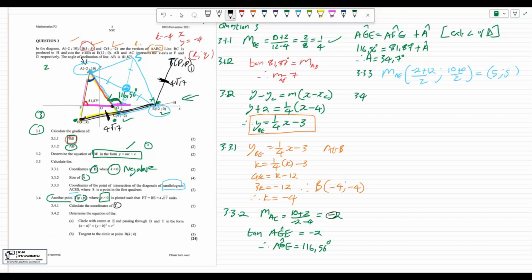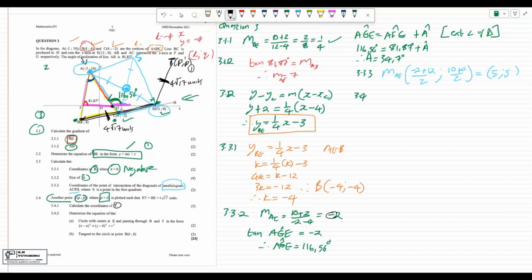Another point T where P is plotted such that, okay, calculate the coordinates of T. So if they give me these units here, what are they saying? What does a length mean to you in analytical geometry? A length means distance formula. So let's see what will happen if we apply the distance formula on points T and E.